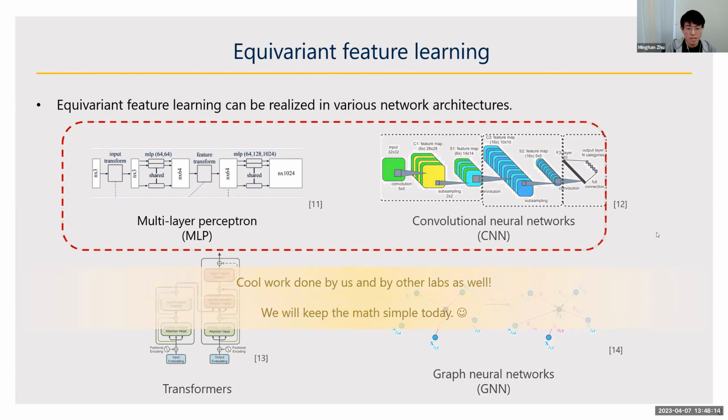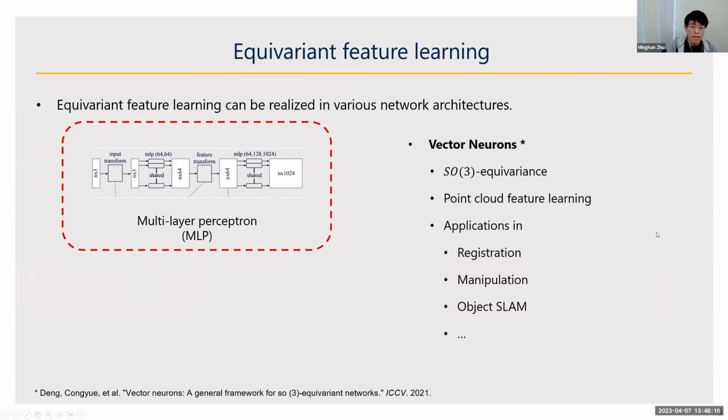So let's first look at MLP. Without introducing a lot of theoretical background, we will focus on a very representative recent work called Vector Neurons, which is a multi-layer perceptron work, but it is made equivariant to 3-dimensional rotations.